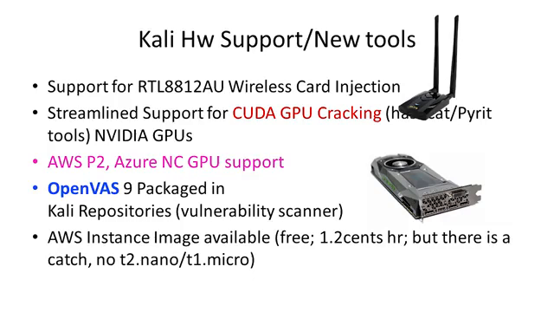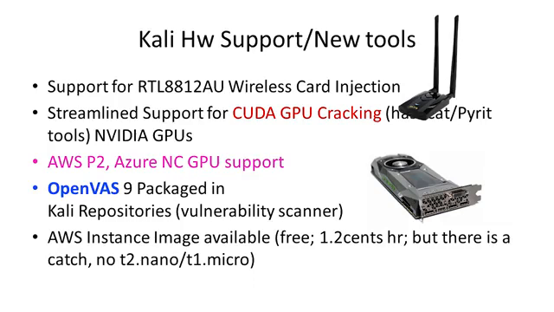And on the cloud side, AWS P2 and Azure NC series GPU support are all supported with this particular package. Even though the OpenVAS vulnerability analysis tool is not integrated in, it can be downloaded and installed from the Kali repository.